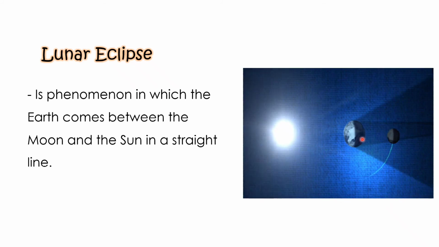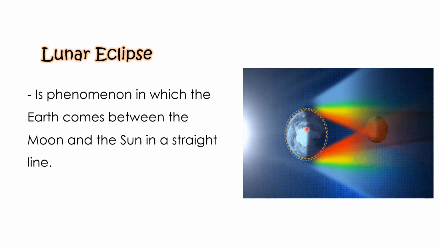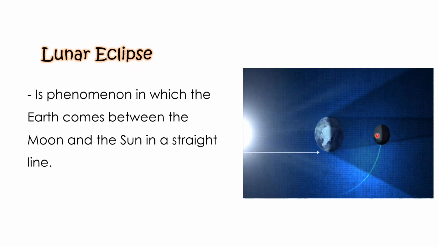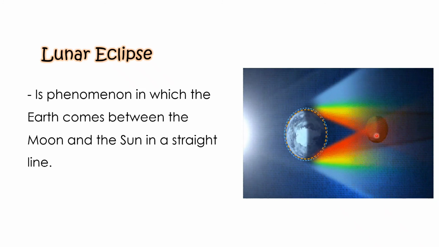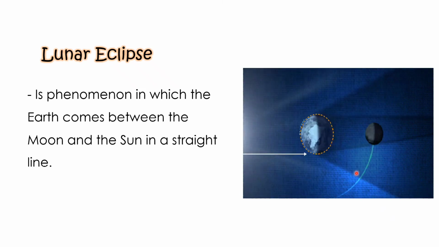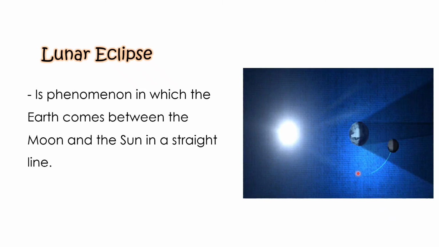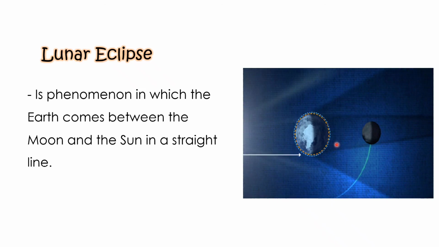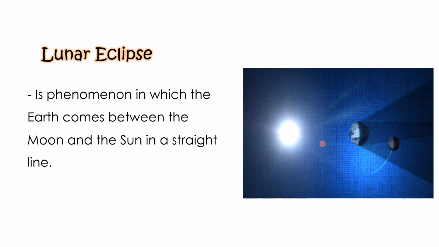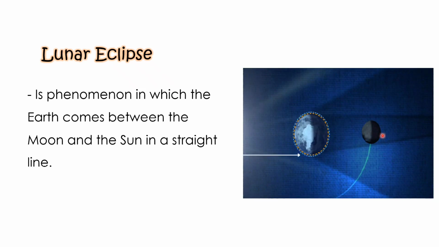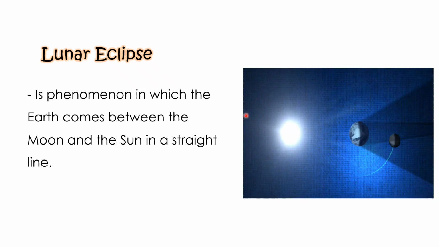The moment the earth blocks the sunlight from reaching the moon, that's why it's called lunar eclipse. When we say solar eclipse, the moon blocks the sun, but when we say lunar eclipse, the earth blocks the sunlight from reaching the moon, because the moon is orbiting the earth.